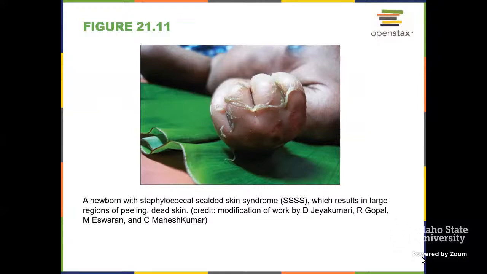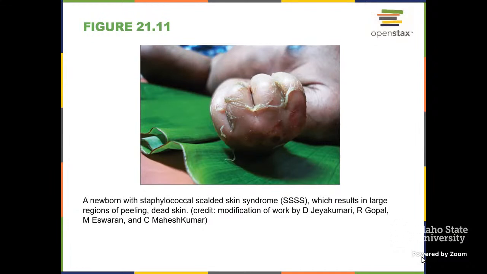This image, always a bit disturbing when you throw little kids into the mix, but we need to think about some of this stuff as well, because there's definitely some potentials. So this is a newborn with what we call scalded skin syndrome, and it is something that can be systemic, completely covering the body of this newborn, and the skin sloughs off.